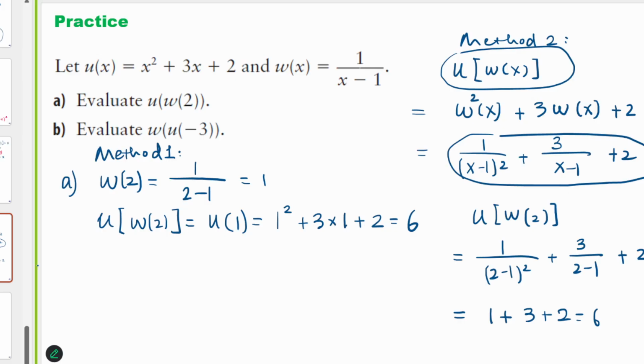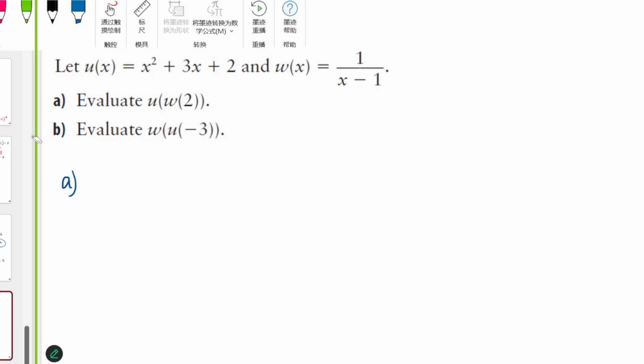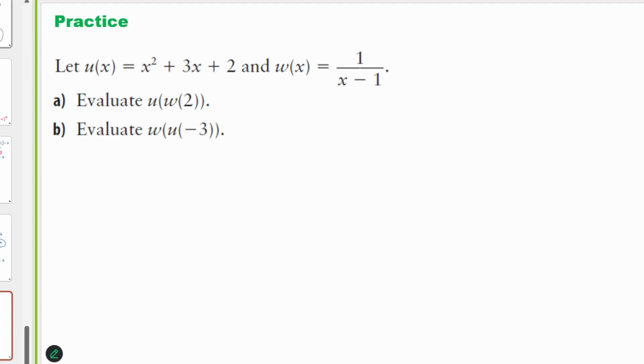You see that? Okay, now can you use the two different methods to evaluate w of u of negative 3? That equals 1. Yes, first method is to evaluate u(negative 3) first, right?